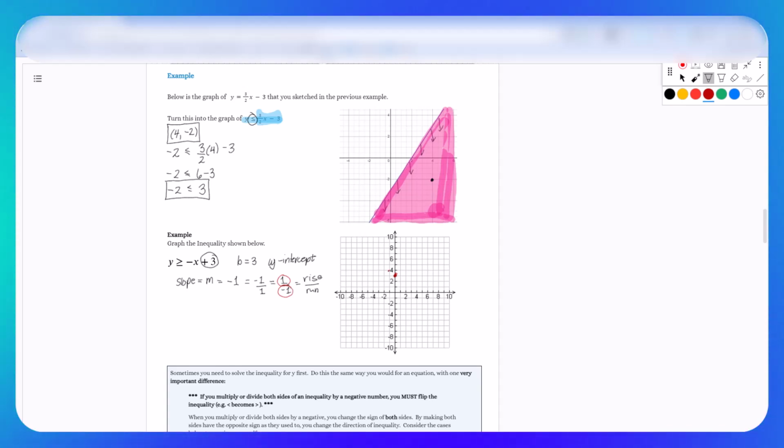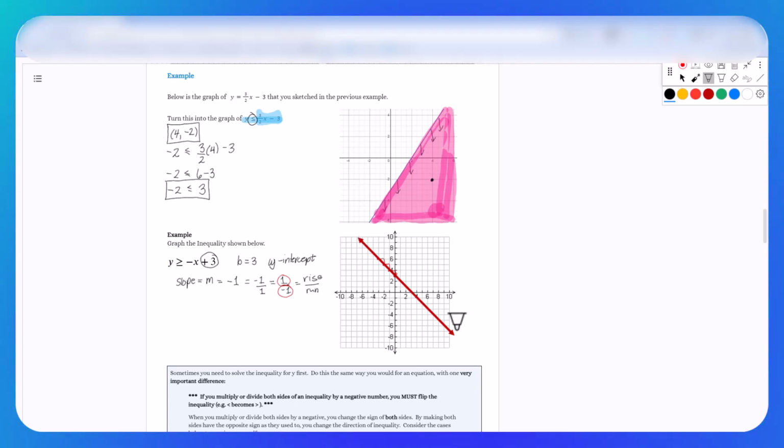If we do that, it's going to give us something like this. So now we've got to figure out the shading. Well, in this one, it says that y is greater than or equal to the line.